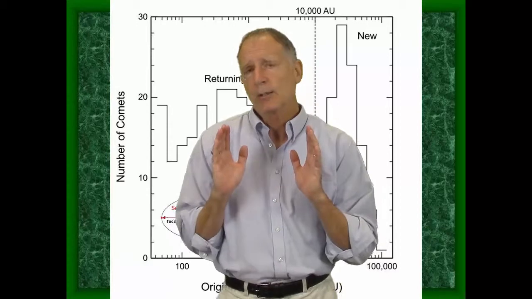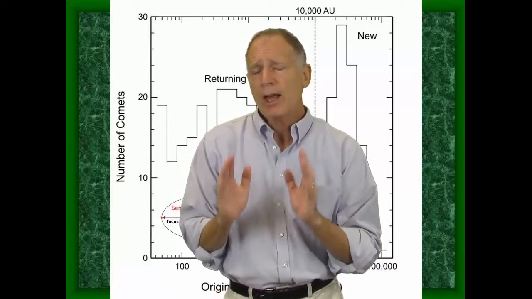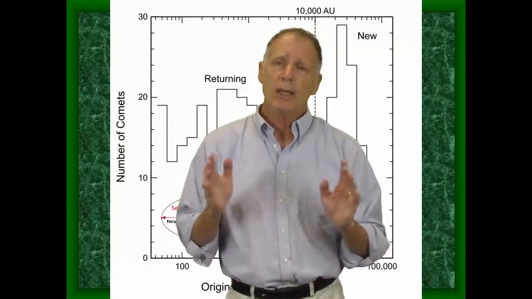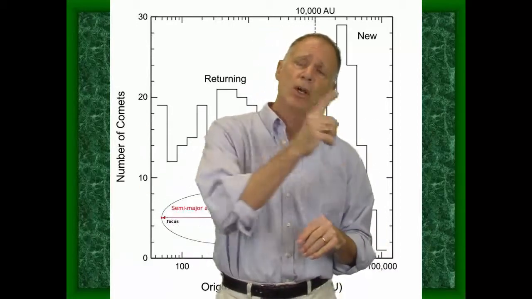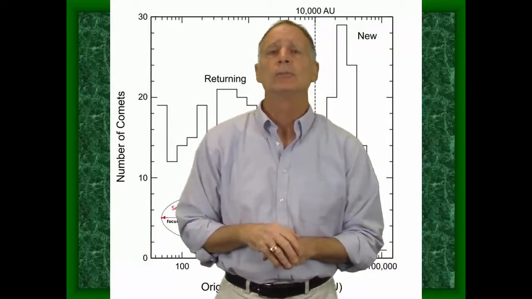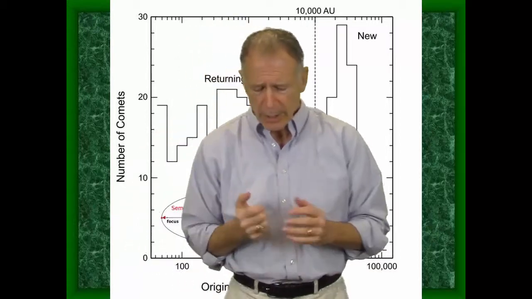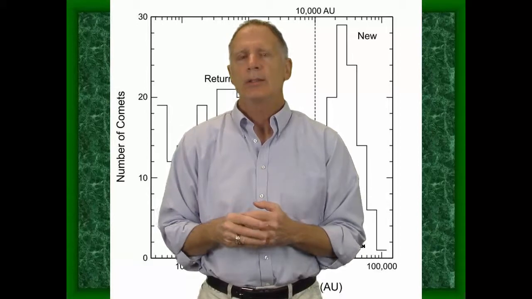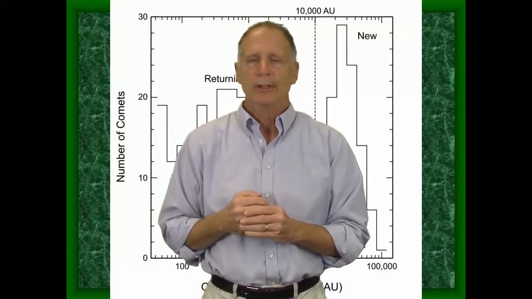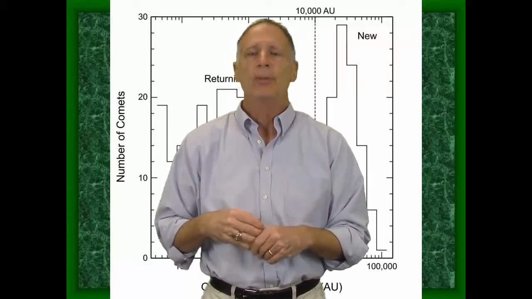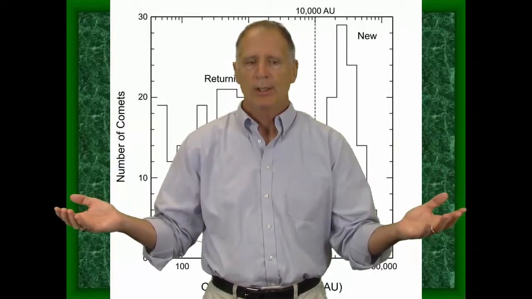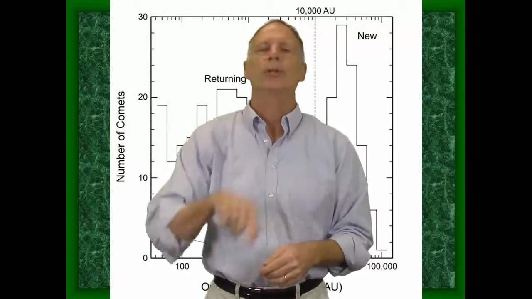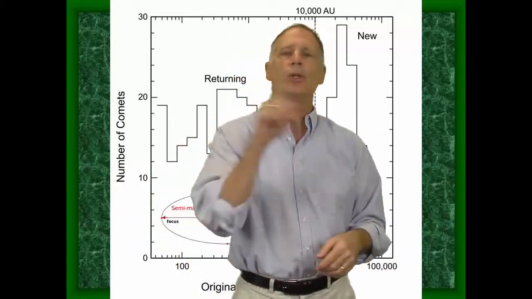In fact, with a 30,000 AU semi-major axis, it would take about 5 million years for that comet to go around the sun. And here's the thing: we don't think that something can be stable for the billions of years that our solar system has existed, continually going around the sun on these huge elliptical orbits.